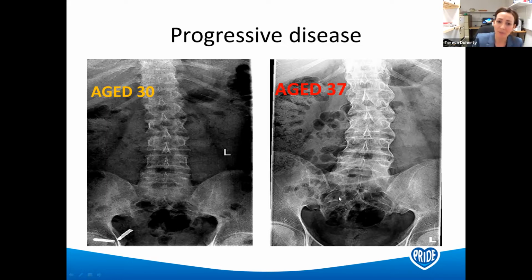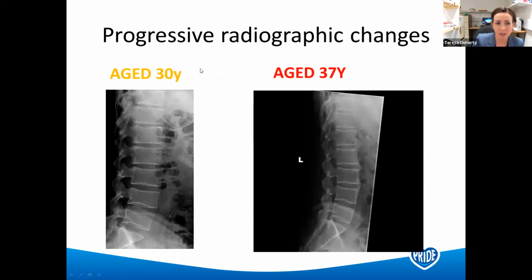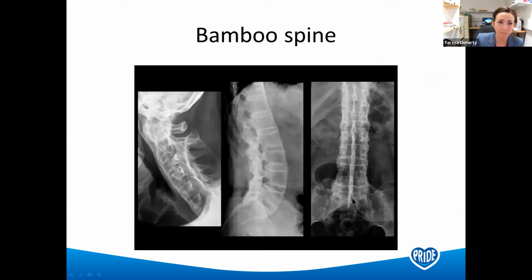Quite a lot of symptoms, and in 7 years you wouldn't expect to see such clear-cut progression. Again, on the lateral, you can see he had squaring of the vertebrae. You could even say he had shiny corners, which we call Anderson lesions. But 7 years later, again, they've joined up. It's very clear cut, and that spine will be much more stiff and difficult to bend.